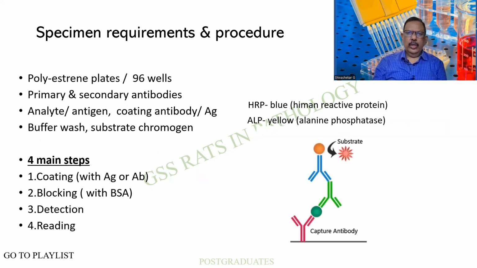Now, what are the requirements for it? What are the specimen and the procedure? You find that there can be polyester plates. I had shown you a plate with 96 wells earlier. There can be the primary and the secondary antibodies, analyte or the antigen, and then there is a coating antibody.